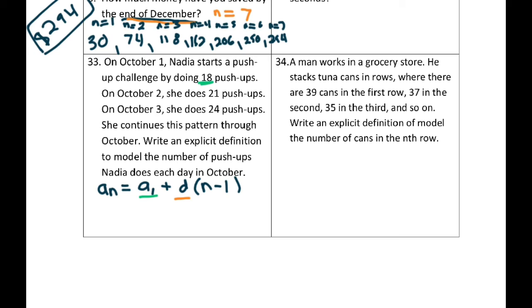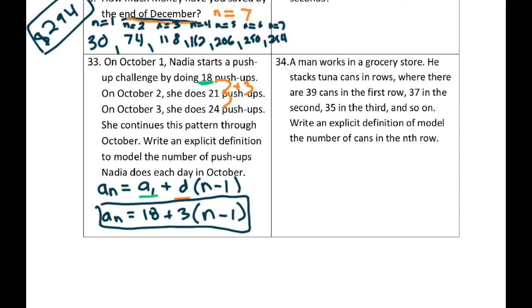And our common difference, each day it looks like she's increasing it by 3. So a sub n equals 18 plus 3 times n minus 1. Now, if your common difference is going down, you're decreasing, your common difference would just be negative.